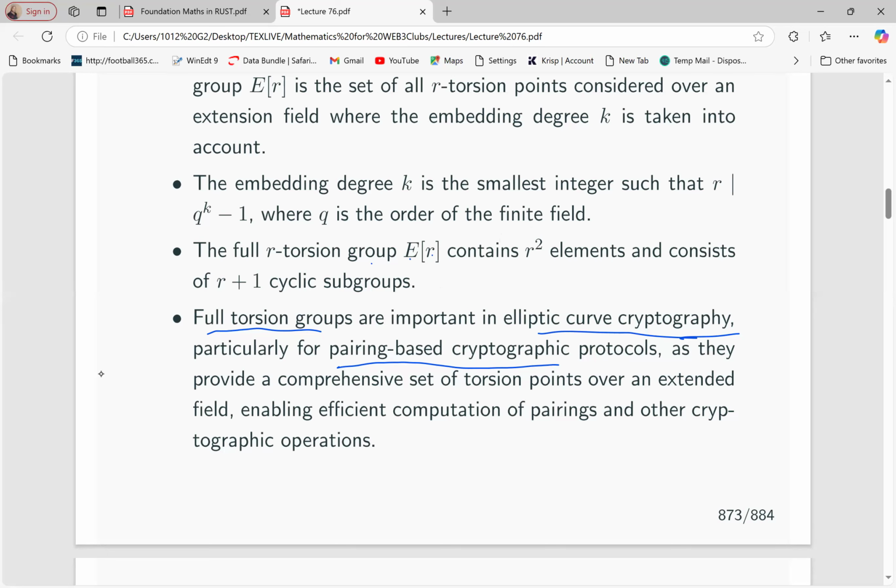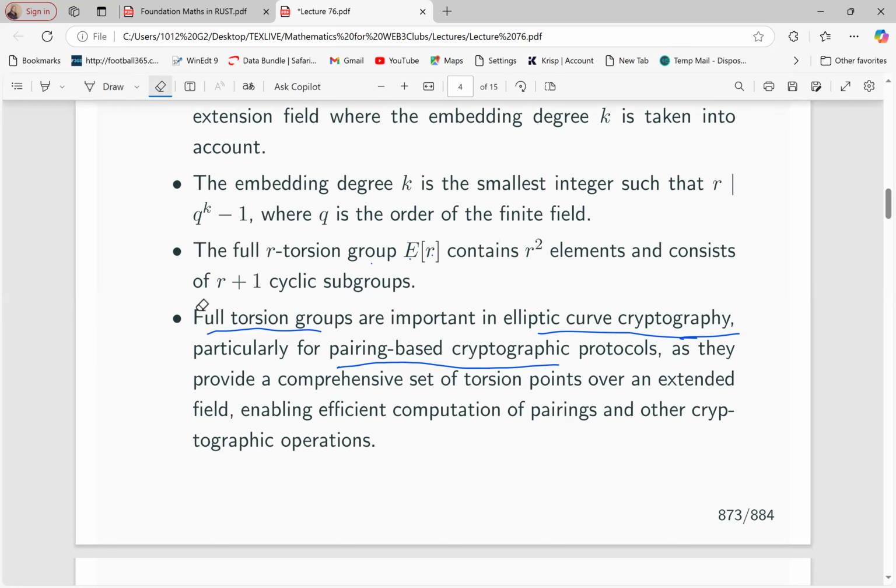It's not like RSA. RSA is not post-quantum secure, but pairing-based is post-quantum secure. So the notion of torsion groups is important in pairing-based cryptography.